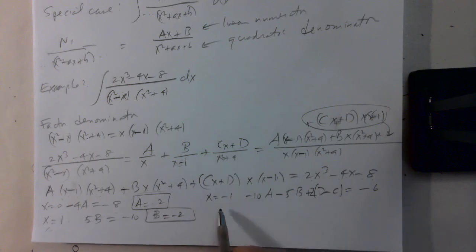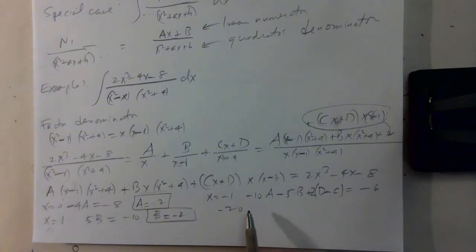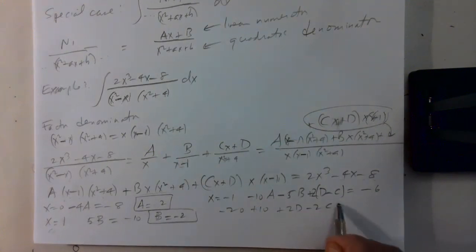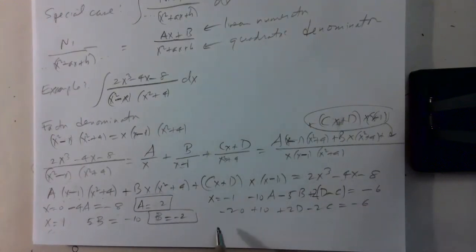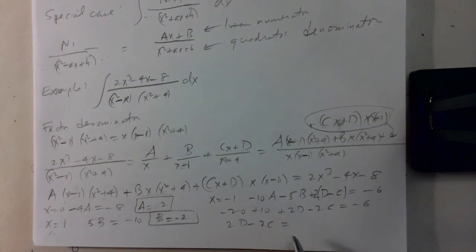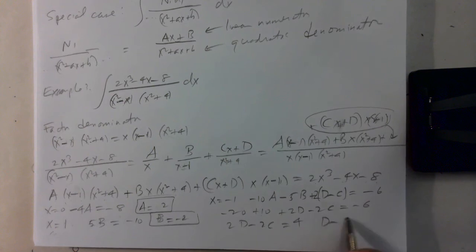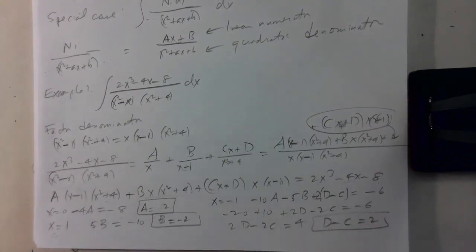So if a is equal to 2, this is minus 20. If b is equal to negative 2, this is plus 10, plus 2d minus 2c equals minus 6. So I get an equation that says 2d minus 2c equals 20 minus 16 equals 4, and d minus c equals 2.